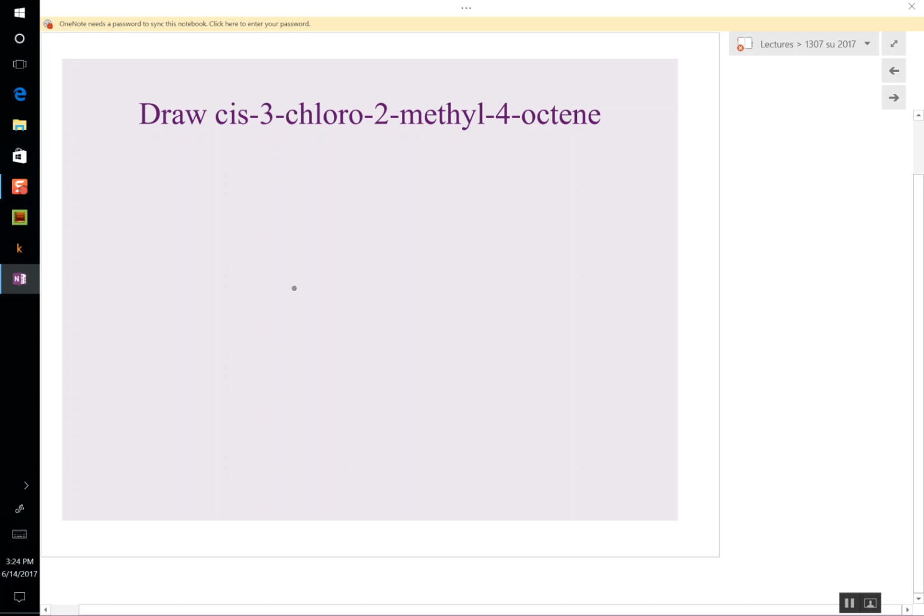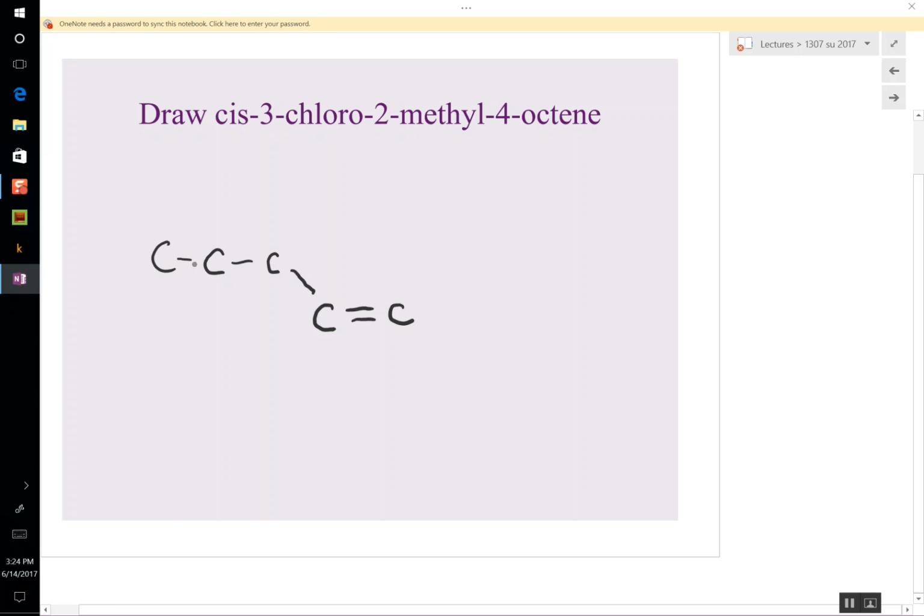We know we're going to have 8 carbons, but the double bond is going to be on number 4. I see right at the head of the name there, cis. So I'm going to come off here. One, two, three, 4.